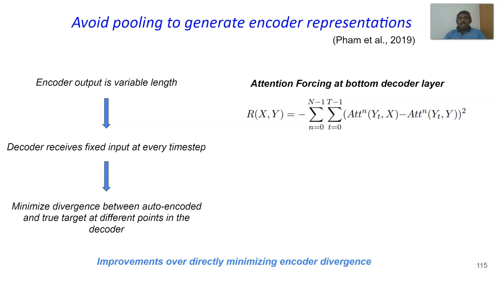What we would ideally want is that the input to the decoder at every time step for different languages should be the same if the inputs are parallel sentences, because the decoder at every time step is generating the same word for parallel input sentences, and hence the decoder input representations, which means the attention context vector, should be the same.